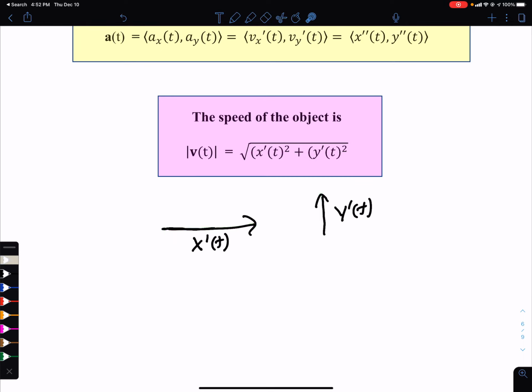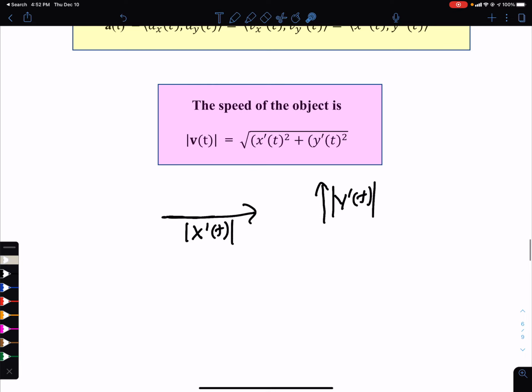And so in the x direction, the magnitude is pretty simple. We just put absolute value. That represents the length of it. So that's how long this vector is, and that's how long this vector is. Well, let me erase this now. So that's if you want the actual length, but this vector is represented by x prime and y prime, and to let you know it's a vector, we put an arrow.